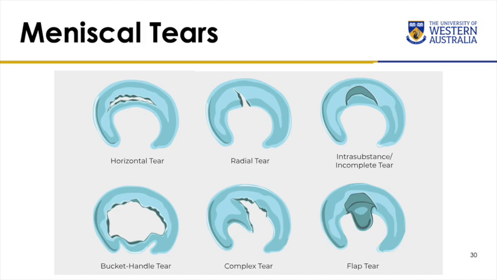As mentioned previously, the meniscus has an important role in distributing load during movement. So if at all possible, we try to preserve the meniscus to avoid subsequent development of osteoarthritis.